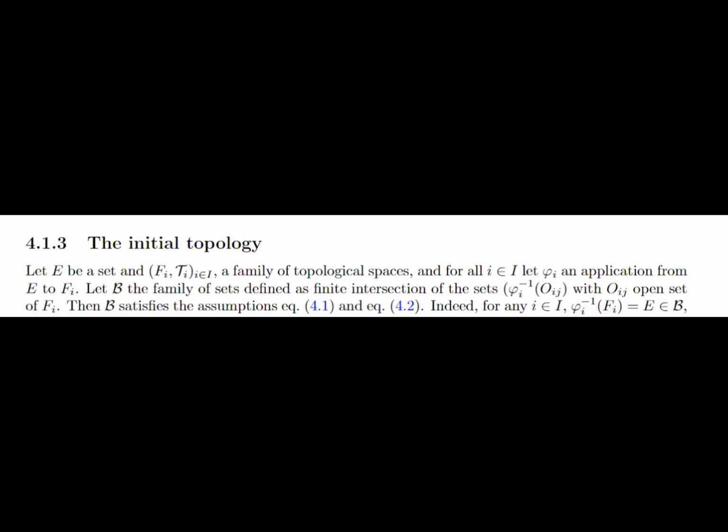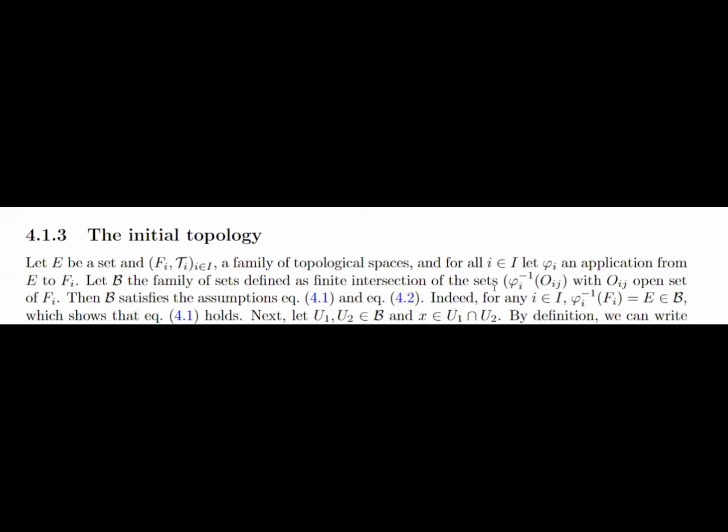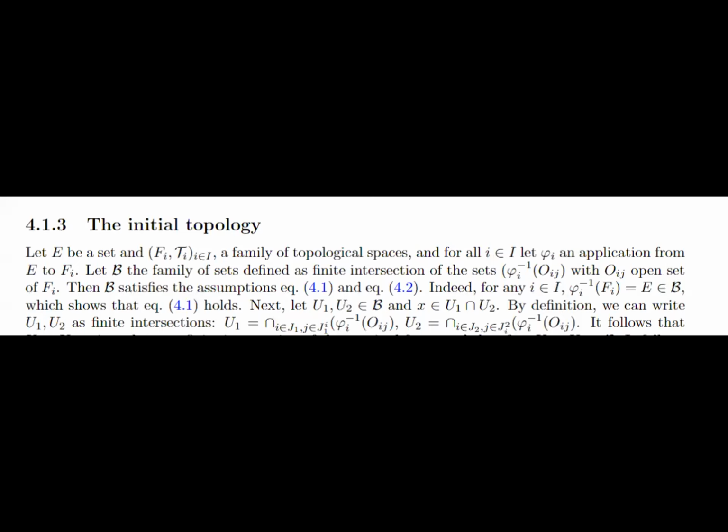Now you want to prove 4.2. You want to prove that for any U1 and U2 in B and for x in the intersection of U1 and U2, you can find some V such that x belongs to V, which is contained in the intersection U1 intersection U2. So let's see what the meaning of this complicated notation is. By definition, U1 is a finite intersection of elements of this kind.